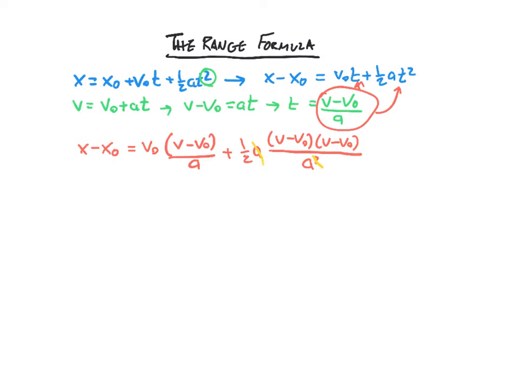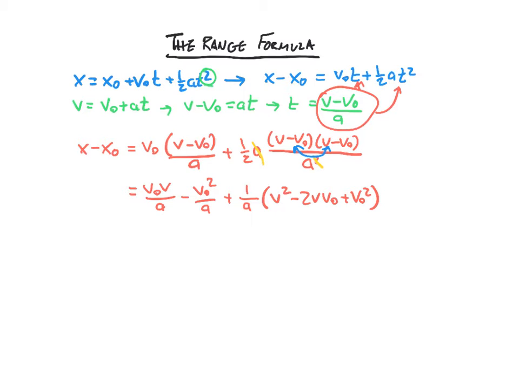Now those cancel out, and we can simplify this further. So this is v0v over a minus v0 squared over a plus 1 over a times (v squared minus 2v v0 plus v0 squared). There we've just essentially multiplied these two terms in the parentheses together.